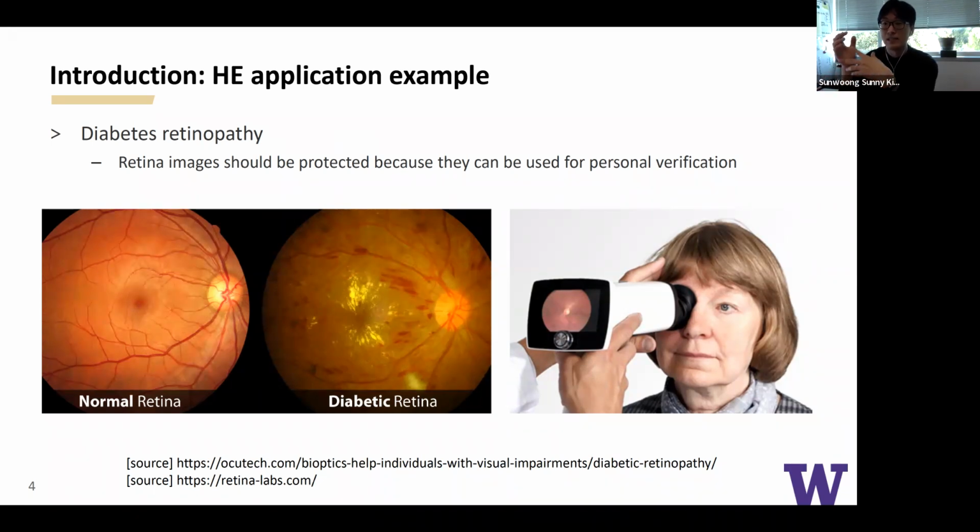For this disease, patients regularly take and send their retina images so that doctors can compare them with abnormal retina images to determine if they're actually diabetic retinopathy cases. And the problem is that these images contain some sensitive information. For example, retina images can be used for personal verification. So how to protect that information is very critical in this application.